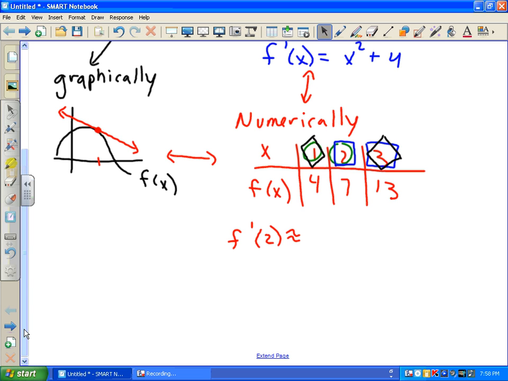Let's choose 1 and 3 for example's sake. We're using the AROC formula in this case, the average rate of change formula, between 1 and 3. The secant slope formula is also known as f of 3 minus f of 1 over 3 minus 1.